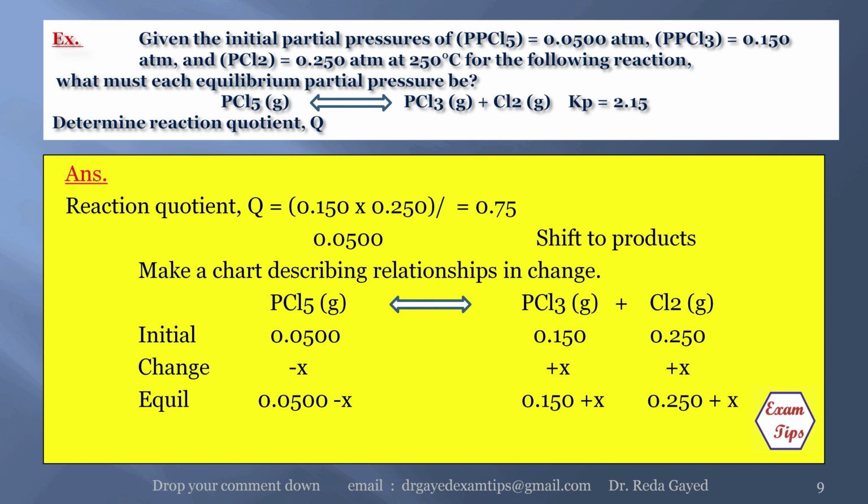Taking this example, given the initial partial pressure of PCl5 equals 0.05 atmosphere, the partial pressure of PCl3 equals 0.15 atmosphere, and the partial pressure of Cl2 equals 0.25 atmosphere at 250 degrees Celsius, for the following reaction, what must each equilibrium partial pressure be? Here the question means you have to calculate all partial pressures to find the equilibrium partial pressures.